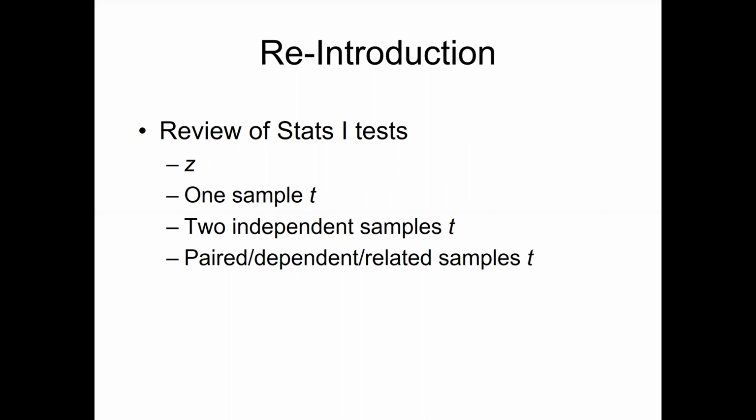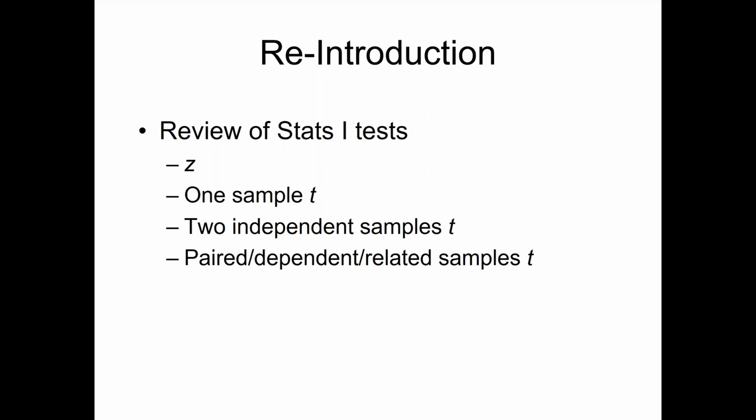The test simplifies actually to a one sample t-test of the differences between each case. So a one sample t-test of difference scores. And you should have covered all of those in the first semester. And the logic of them is basically a difference between means where you have one or two samples only.